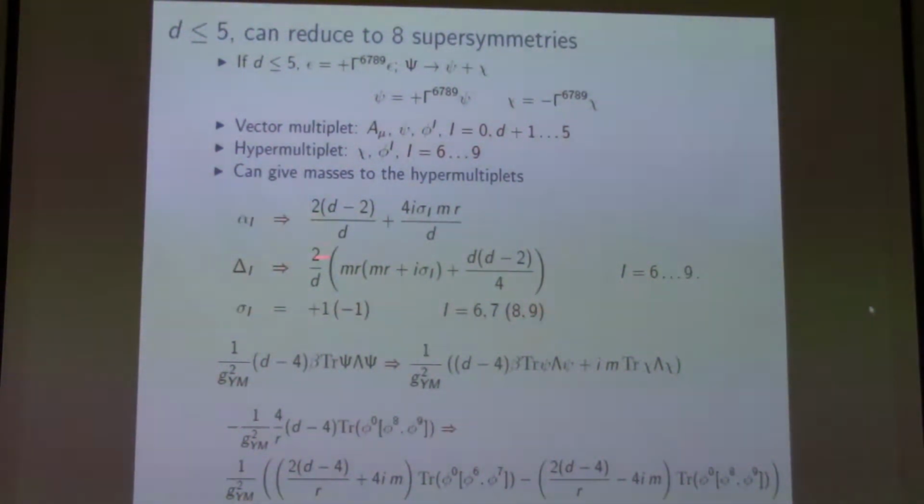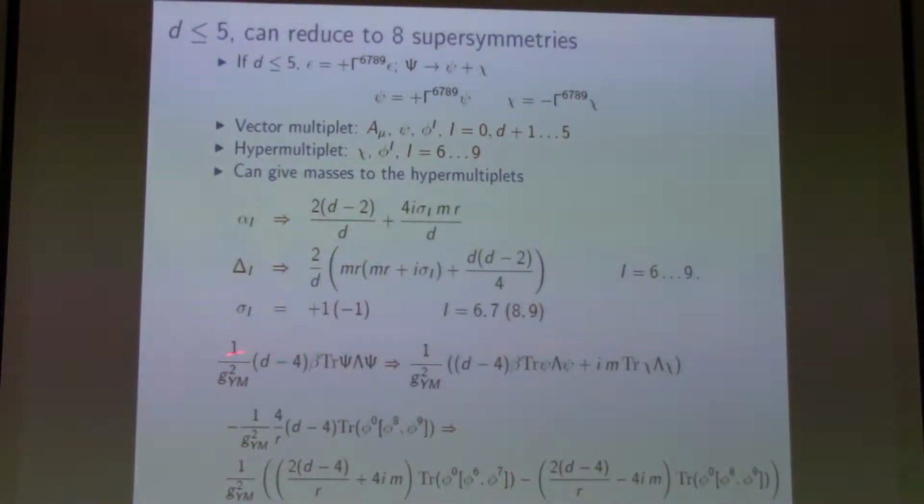We can have this term, and the deltas get modified by this amount. The other alphas and deltas that are not 6, 7, 8, or 9 don't get changed. And then this mass term I had in my Lagrangian can split into this term for the fermions in the vector multiplet, and then a mass term for the hypermultiplets.